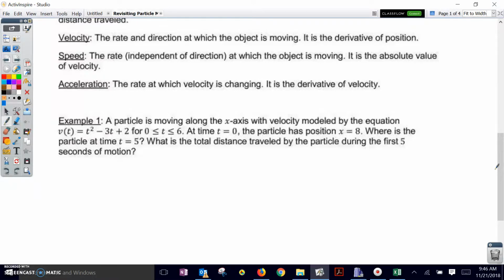So in order to find the position at time 5, we're going to take the position where we know it, in this case at time 0, plus the integral of the velocity function over that time interval.